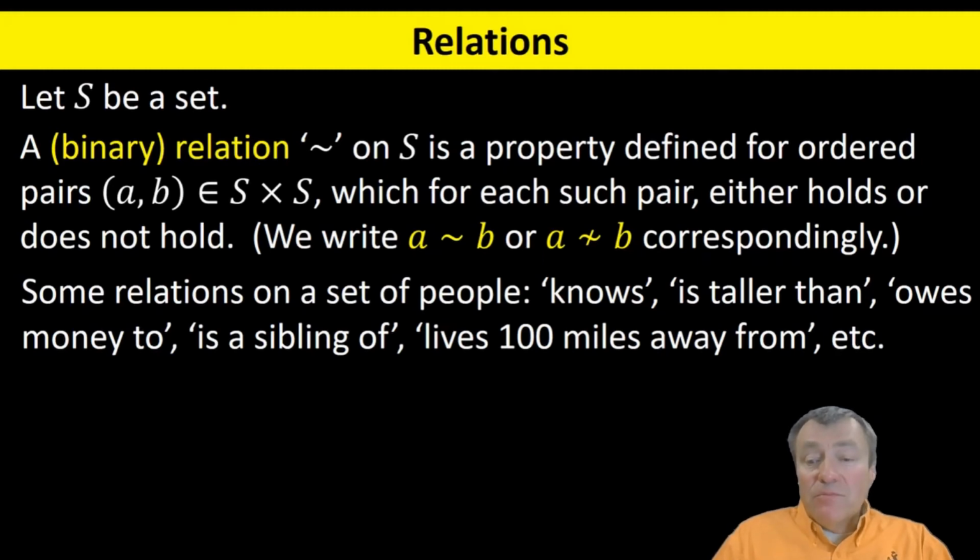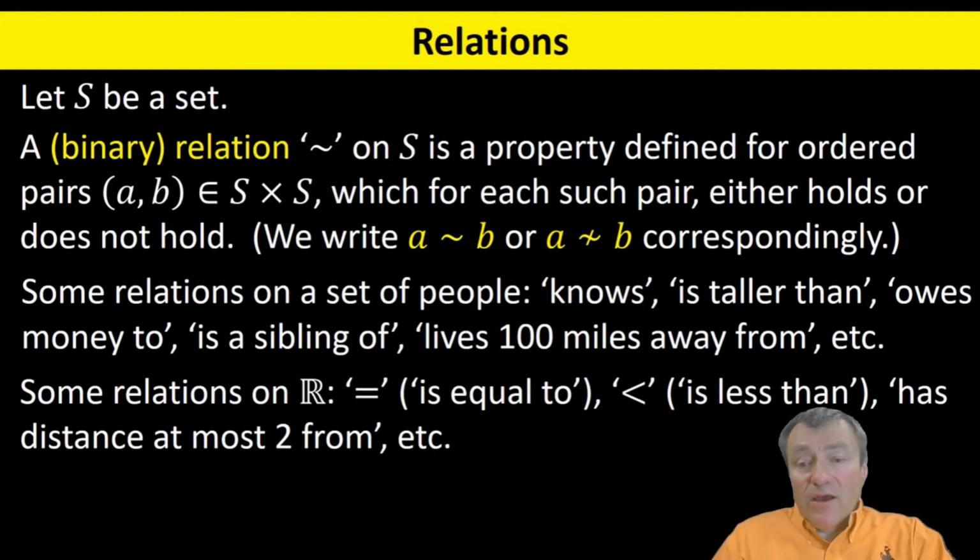Another example would be the relation of being taller than. So for two people, A and B, you say either A is taller than B or not. Other relations to consider would be owes money to, or is a sibling of, or lives 100 miles away from, etc. Many different kinds of relations you can imagine.